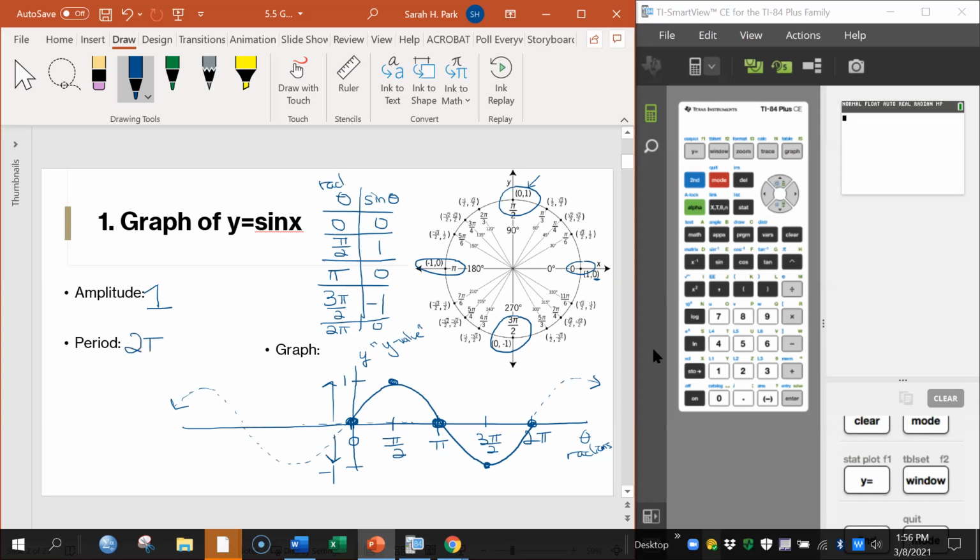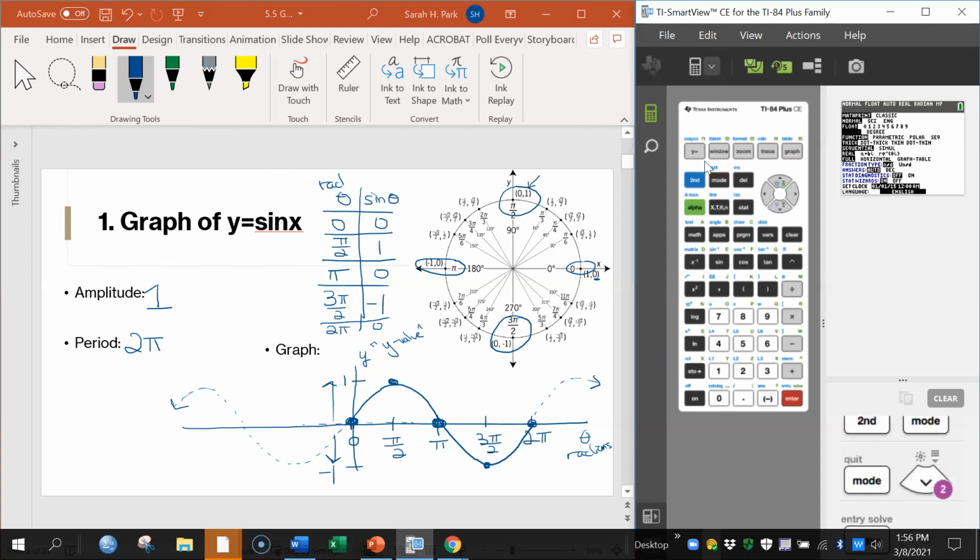And I'm going to show you how to do it on the graphing calculator. So first, make sure that you're in radian mode. And then go to y equals, and type in sine of x. Before you hit graph, make sure that your window matches what we have on this page.